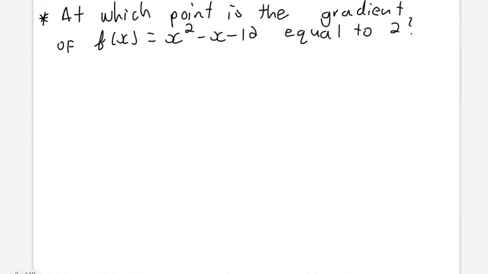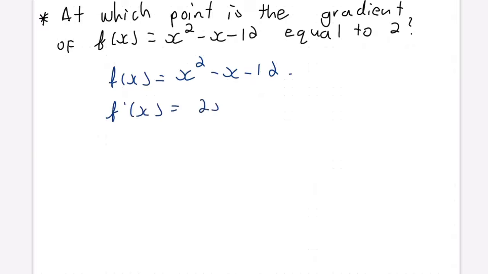Let's look at another example here. This one says, at which point is the gradient of f of x equal to 2? Okay, so f of x is equal to x squared minus x minus 12. Let's find the equation of the gradient of f of x. That would be 2x minus 1. Now the question says, at which point is the gradient equal to 2?